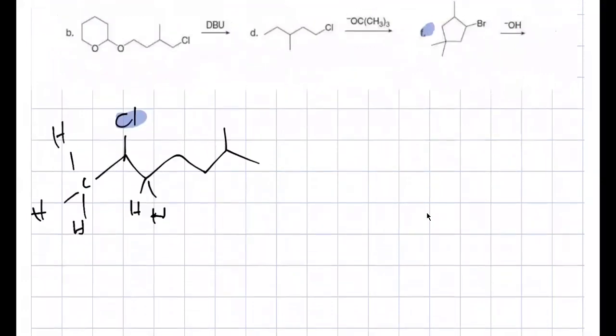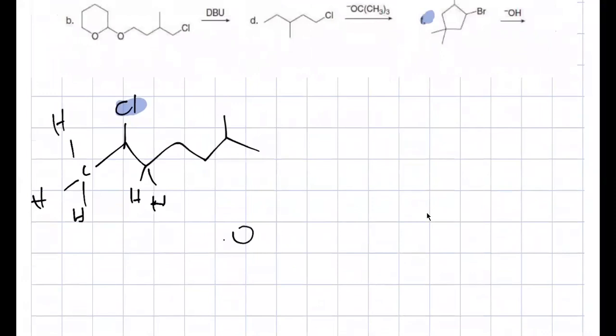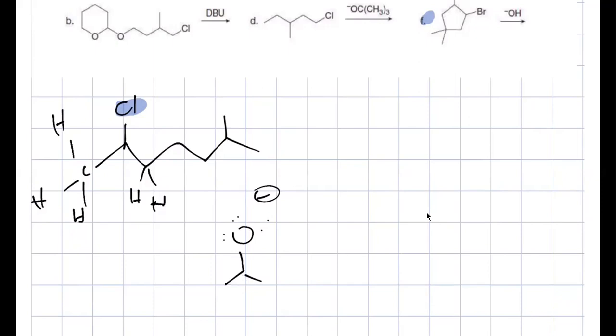Let me show you what it looks like. So the tert-butoxide looks like this, right? So it's a tert-butyl alkoxide. So you have an oxygen attached to a tert-butyl group. If I can get this last methyl group right, I'll be all right.